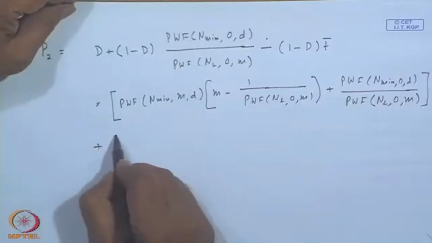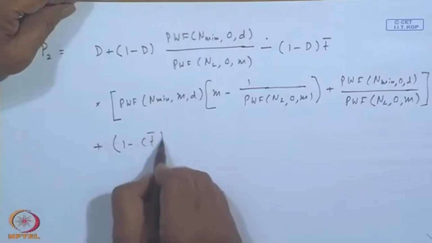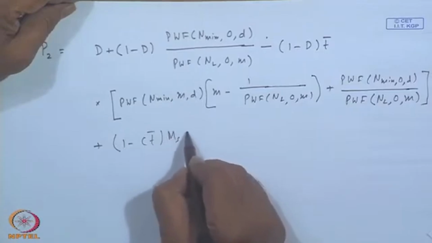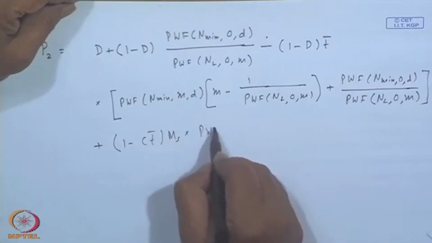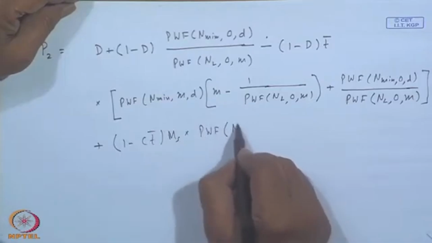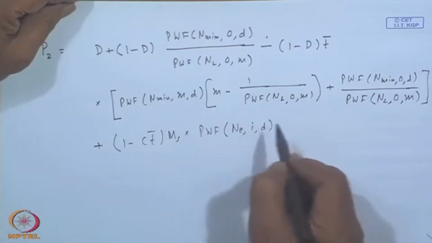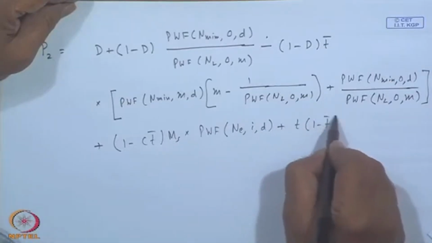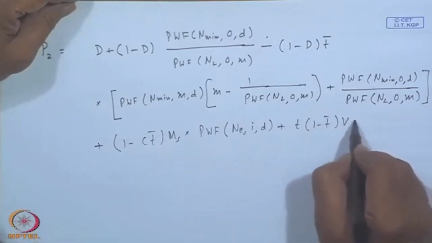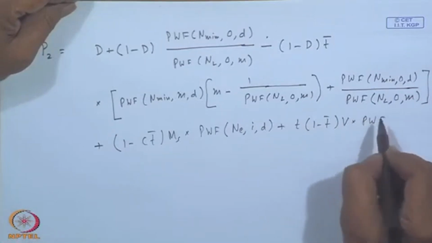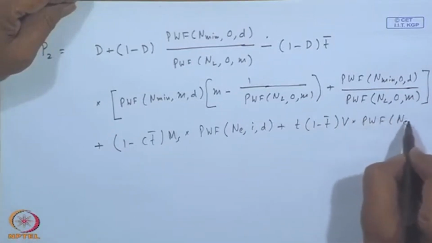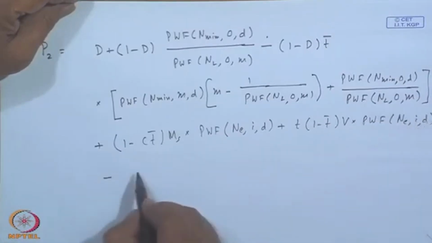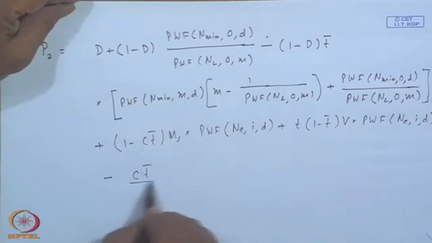Plus 1 minus C T bar times M S into present worth factor of N E, I, D plus T, not T bar, 1 minus T bar times V into present worth factor of N E, I comma D, minus C T bar.